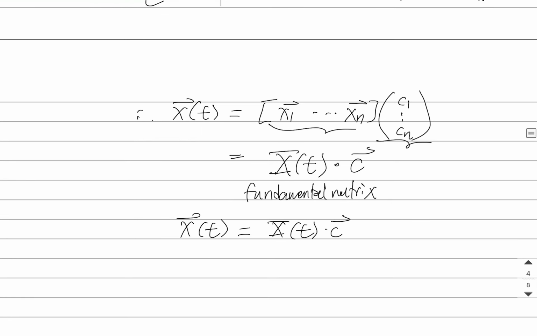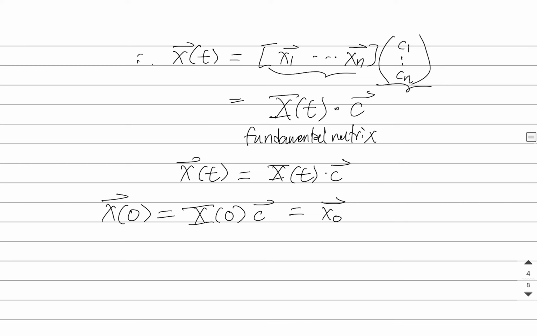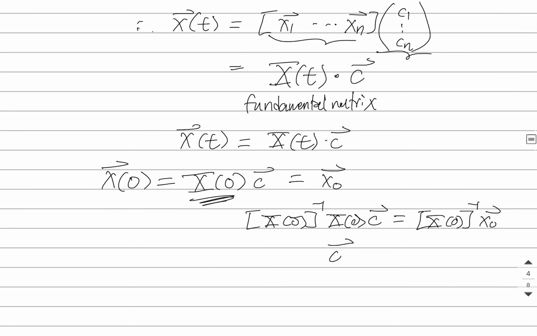And if we wanted to actually go ahead and apply it, if we have these initial conditions, that means we would take that fundamental solution, X of 0 and c, and that should be equal to x naught. And because this is a fundamental matrix, we can invert it. So if I were to take both sides and multiply by the inverse of this thing, I would be able to get an expression for c.